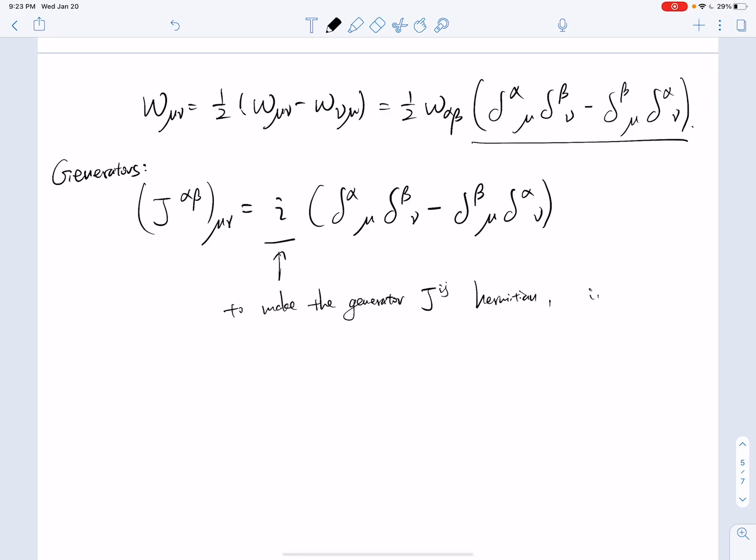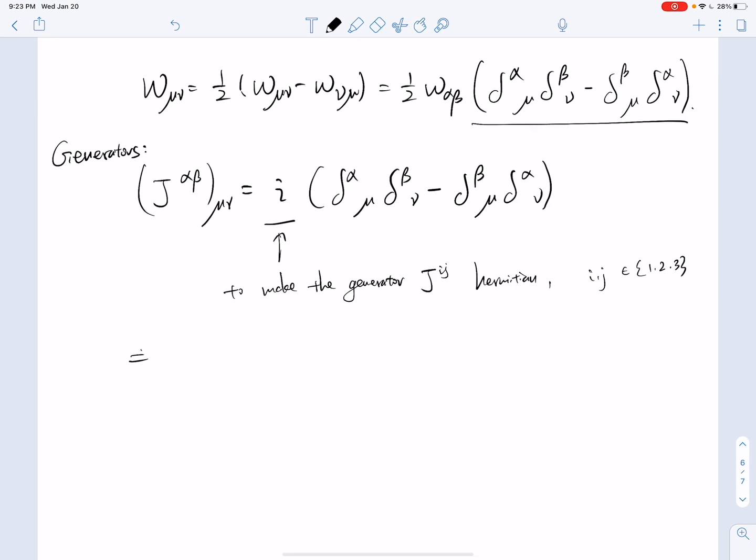Whereas before, i and j run from 1 to 3. They're the spatial coordinates.